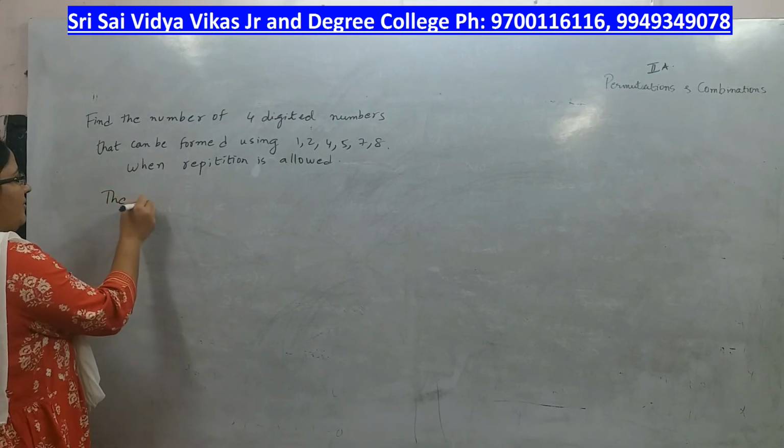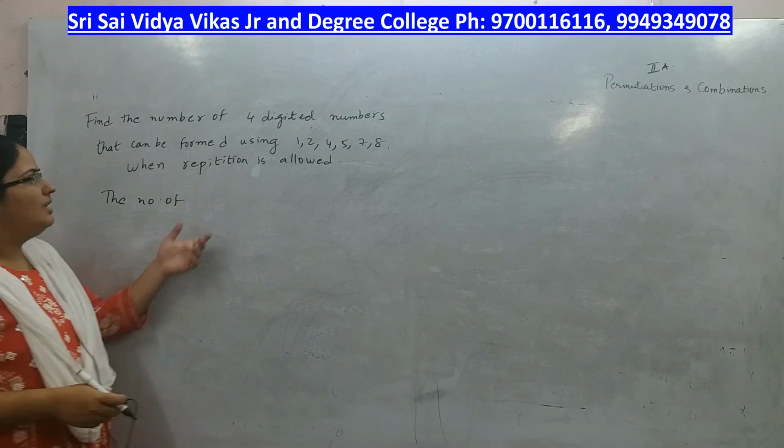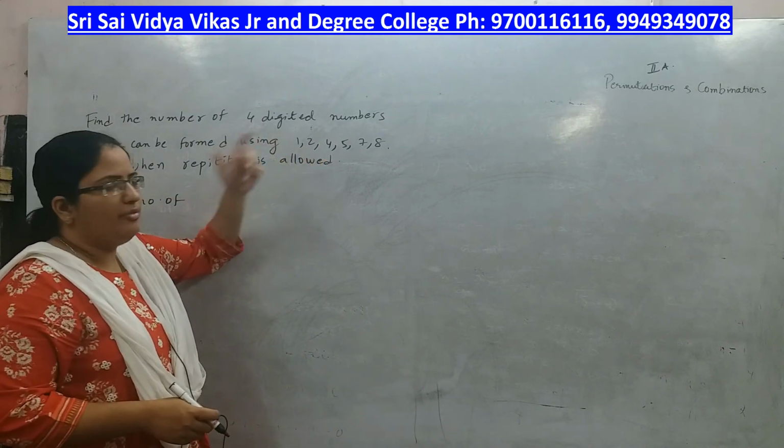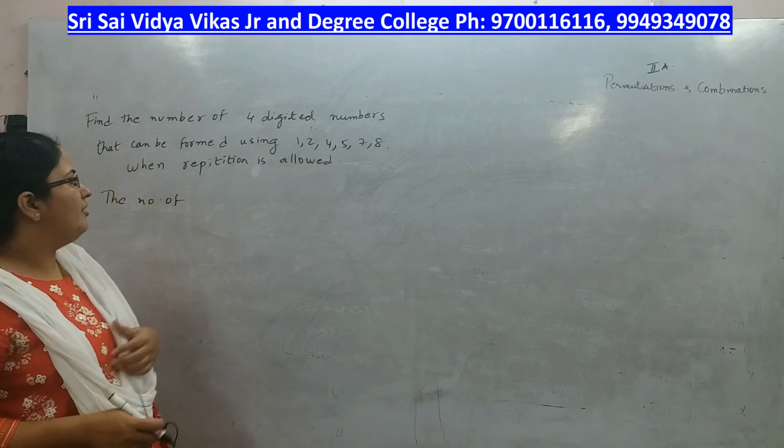The number of ways when repetition is not allowed is 6P4 ways. You can form a 4-digit number from 6 digits in 6P4 ways.